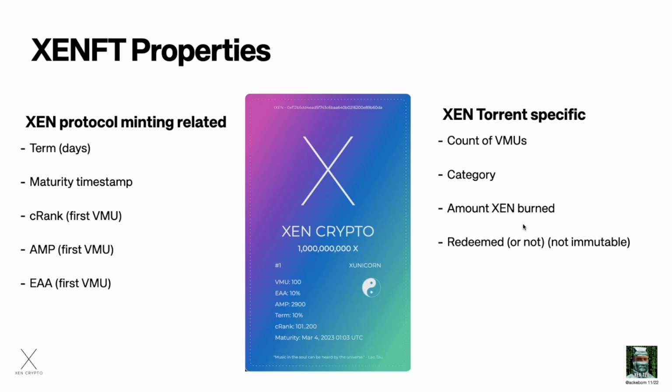The redeemed property is a Boolean value and it's set to false upon XENFT minting. Once the user has performed the second phase and claimed the minted Xen ERC20 tokens, this NFT is said to be redeemed, and the redeemed property is then set to true.